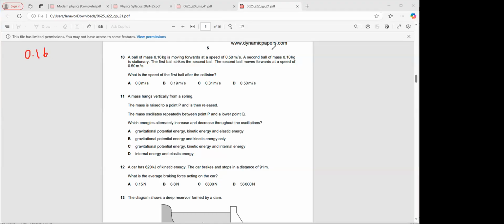So mass into velocity. What's the velocity? 0.50 plus.